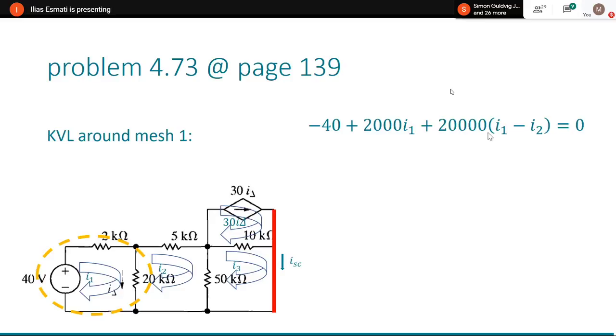Just for a quick refresh, you may ask, why are you multiplying by I1 minus I2? Well, the reason is that if I2 did not exist, it would be simply 20,000 multiplied by I1.